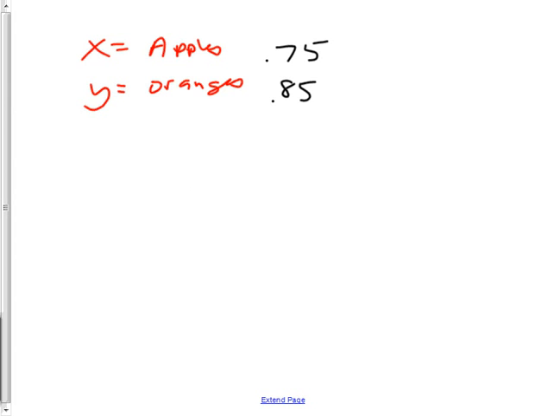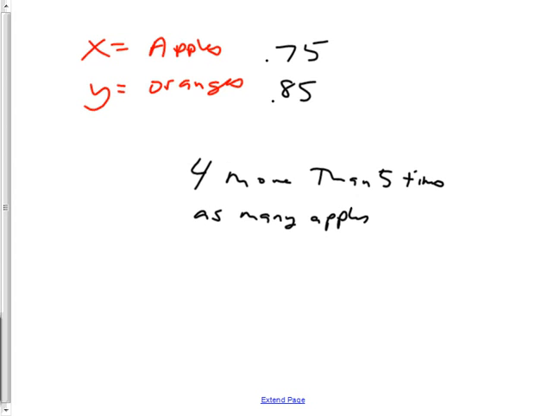Say it again. There's 4 more than 5 times as many apples as oranges. 4 more than 5 times as many apples.